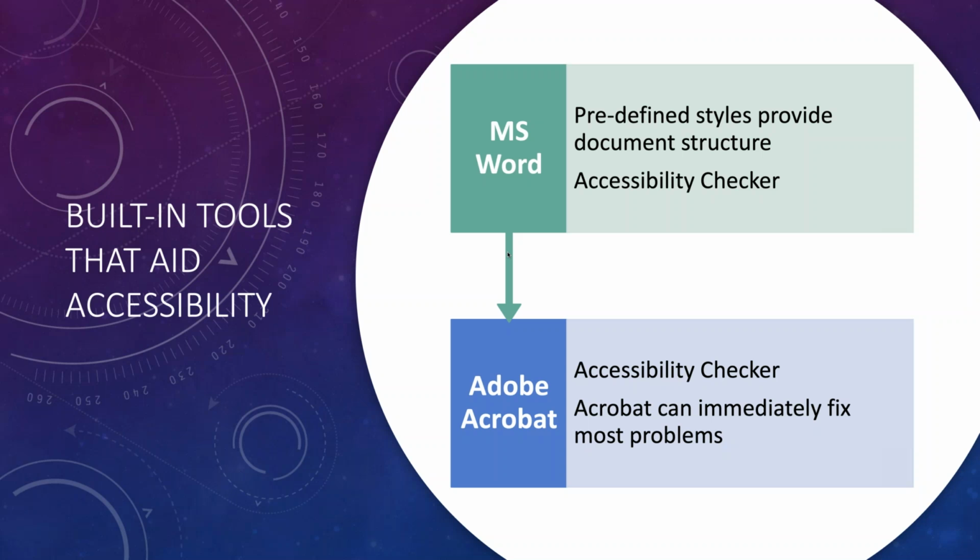In Word, there are predefined styles that provide document structure, and Word also has an accessibility checker. Similarly, Adobe Acrobat has an accessibility checker, and it can also immediately address and fix most problems that it uncovers.